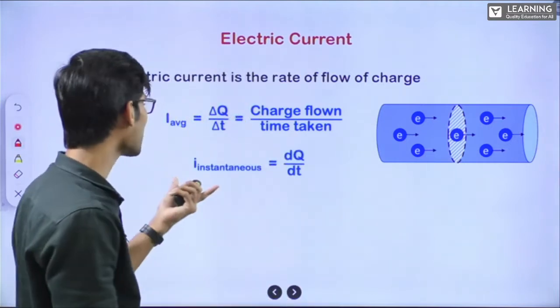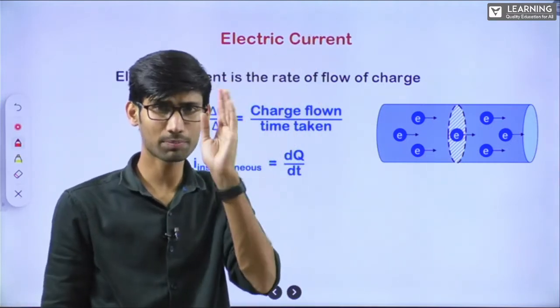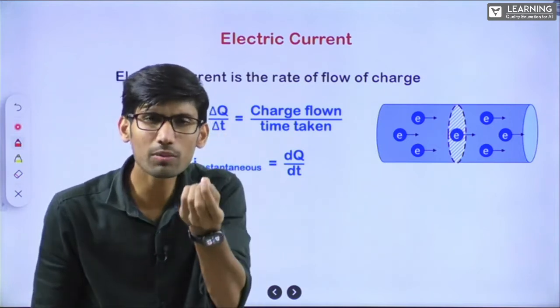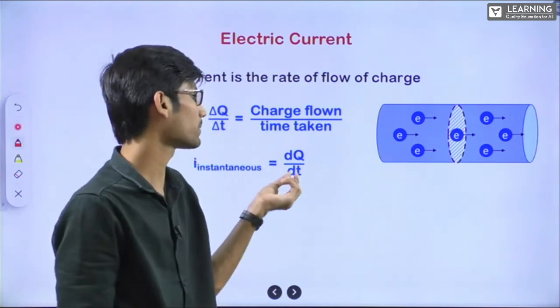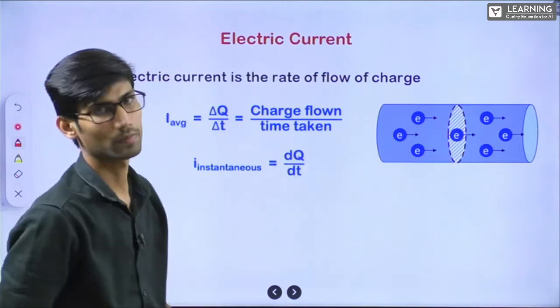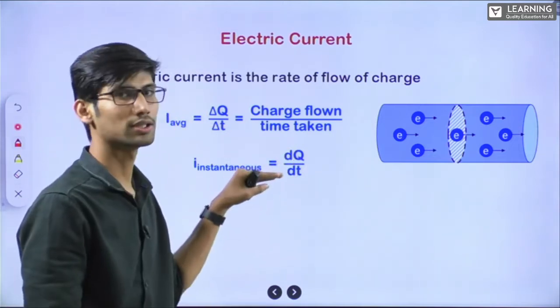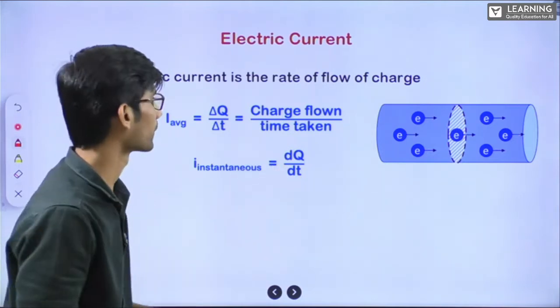So instantaneous current is dq by dt. In a particular instance, very small amount of charge, that is dq, in a very small amount of time, that is dt, if it is passing, rate of flow is dq by dt, that is instantaneous current. This is average current, this is instantaneous current. Remember this.